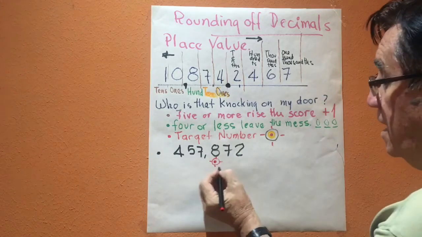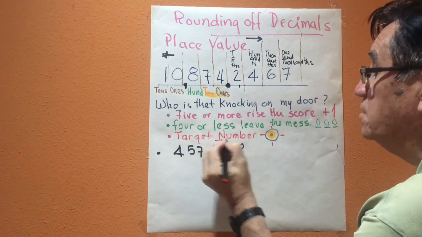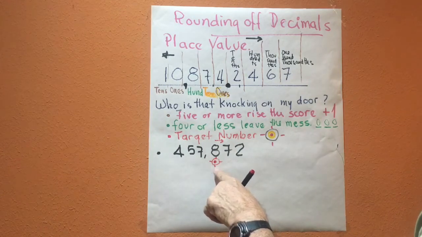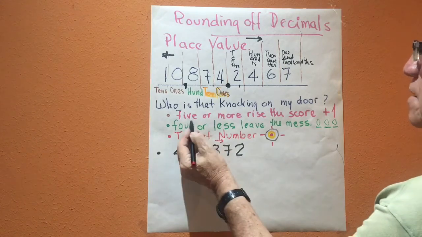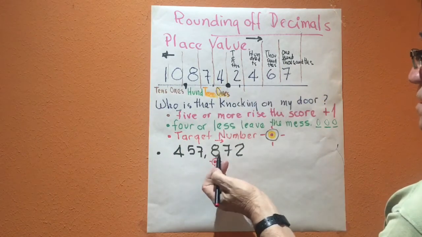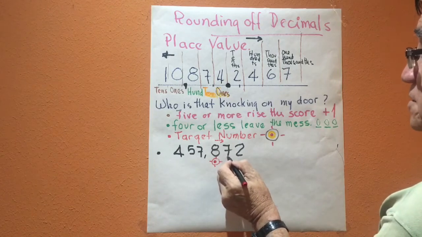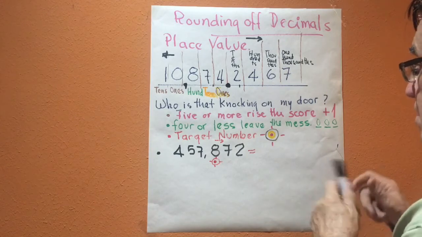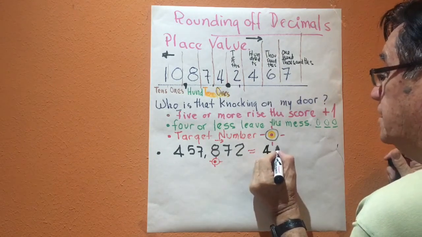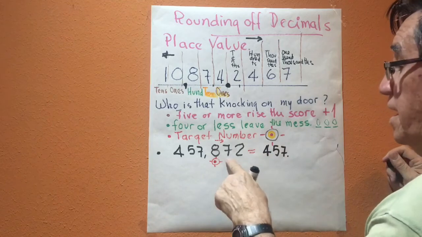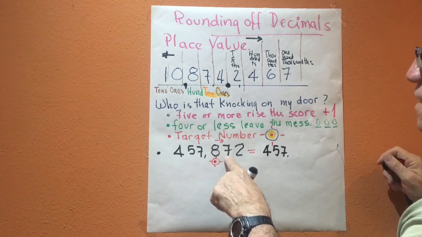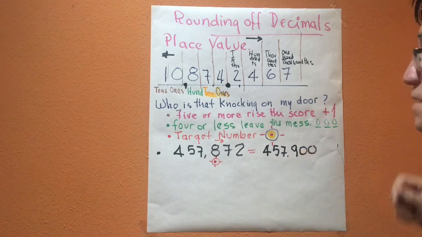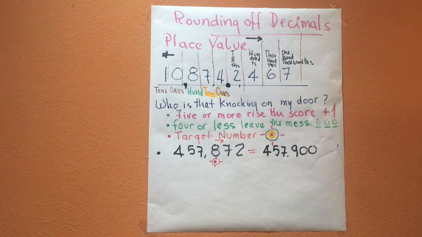So I have to see what's the number that goes to the right side of my target number. Well, 7 is more than 5, so my number is going to change to 457,9, since 7 is more than 5, this number is going to rise to 9, and that will be rounded. See how simple? All right.